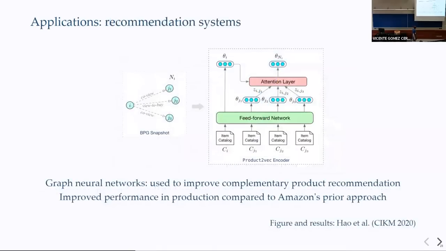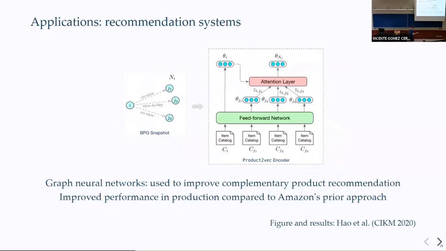But the thing I wanted to share next is yet another application. Amazon uses a system whose name I'm forgetting, which is graph neural network based, to do some of its product recommendations online.